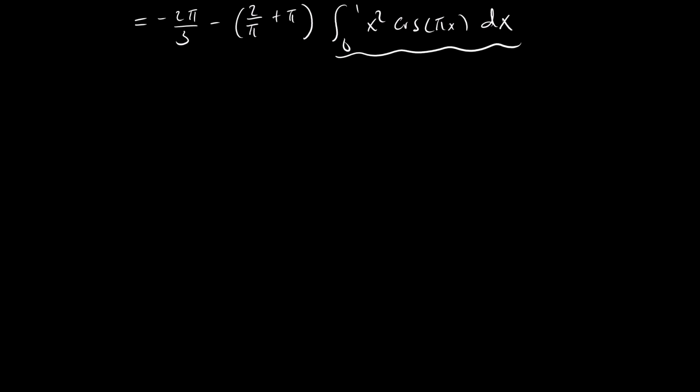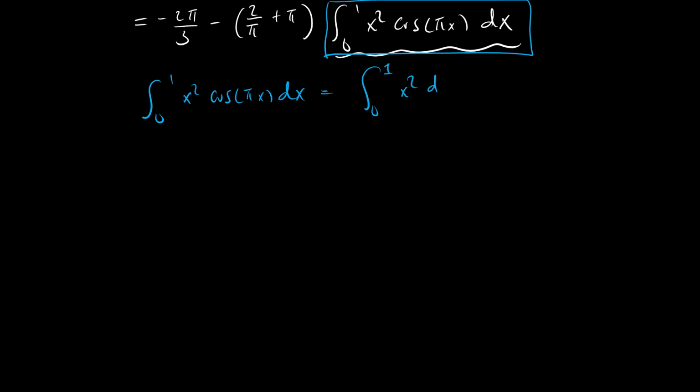In fact, I can just draw a blue rectangle over it. And now say that the integral from 0 to 1 of x squared cosine of pi x dx is the same as the integral from 0 to 1 of x squared, the derivative of sine pi x over pi.